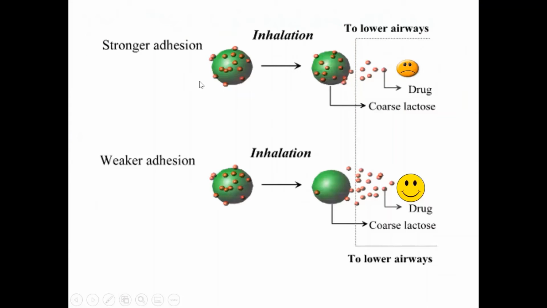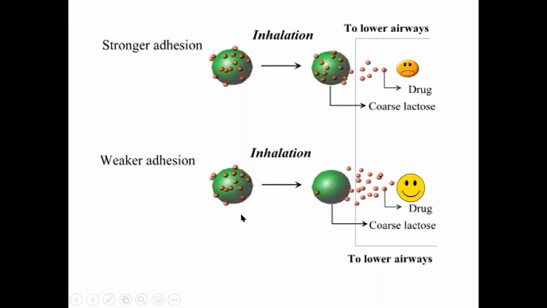If you have stronger adhesion between drug particles, which are red dots here, and a coarse carrier, which is lactose in this case, or the green particle, you get poor detachment, but you will get very good homogeneity or very good uniformity in the formulations. But you don't get good enough detachment.